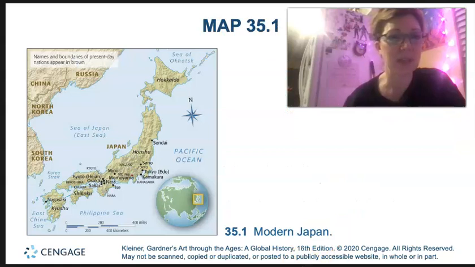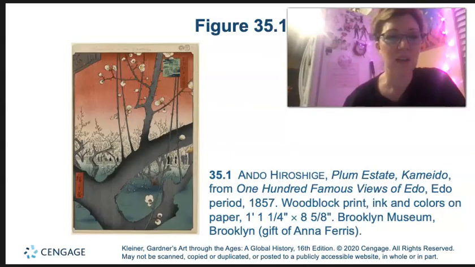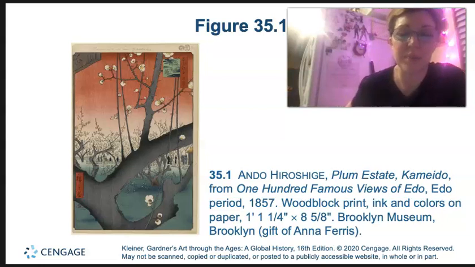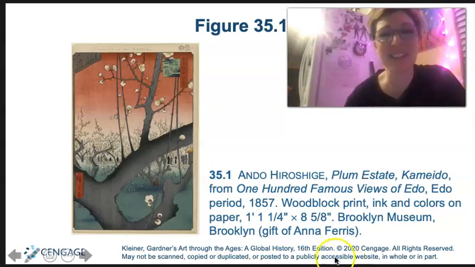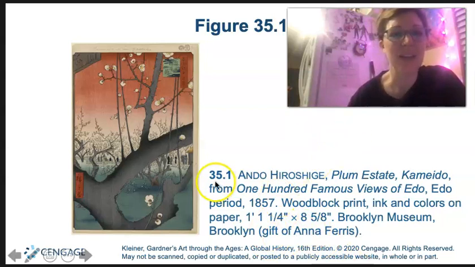Okay, modern Japan. All right, here we have our first woodblock printer artist. I'm not saying that very articulately, but this is Ando Hiroshige. This is Plum Estate, Kamido, from 100 Famous Views of Edo from the Edo period.